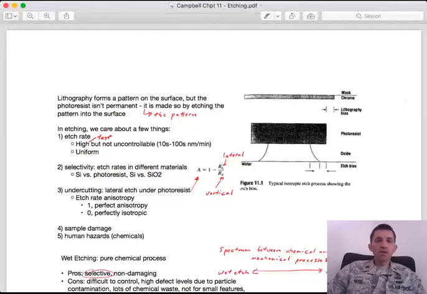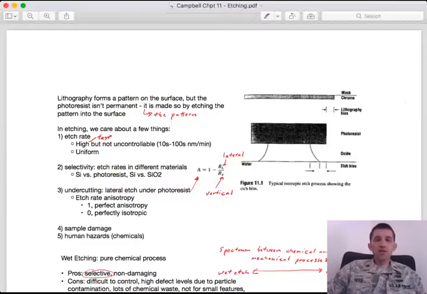And when we are etching, we care about a couple of things. The first is the etch rate. So all of these processes are part of a larger production process, and the economics of that process favor performing them relatively quickly.